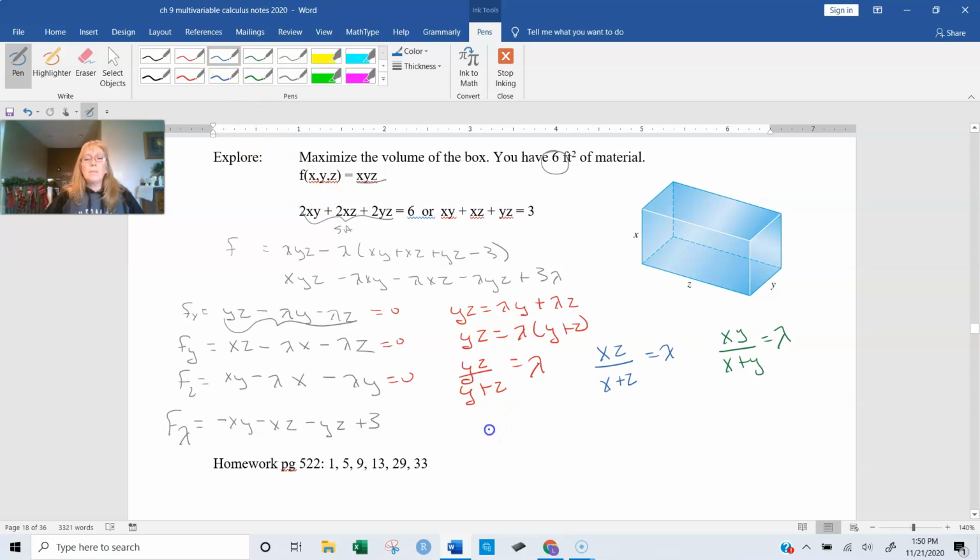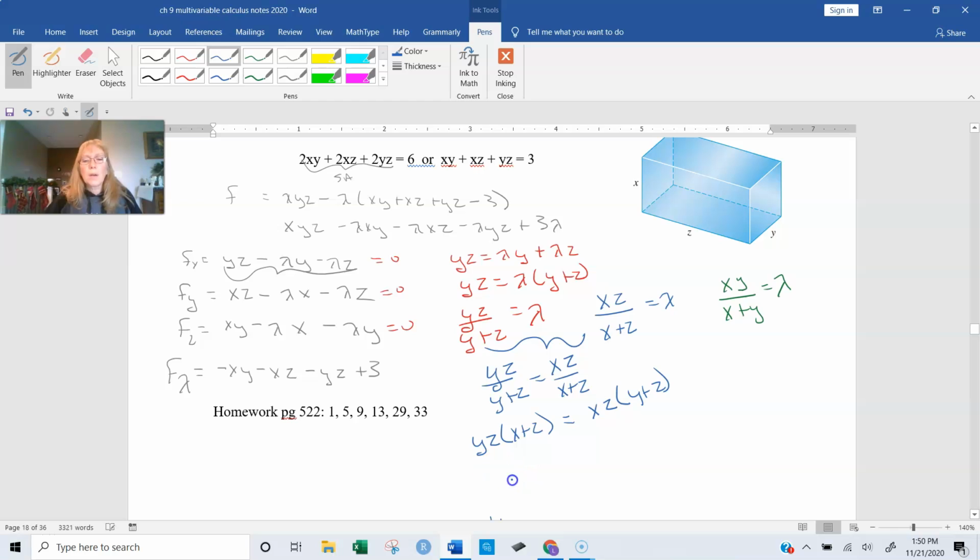So yz over y plus z equals xz over x plus z. We're going to do them 2 at a time. I'm using these 2. Now we're going to solve this. We're going to multiply up. So this is yz times x plus z equals xz times y plus z.